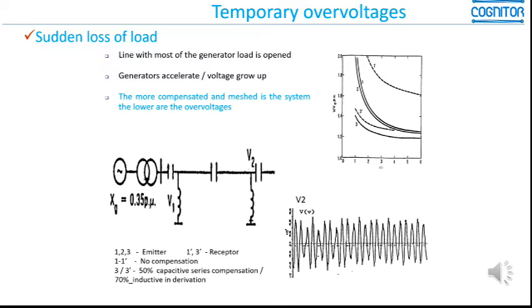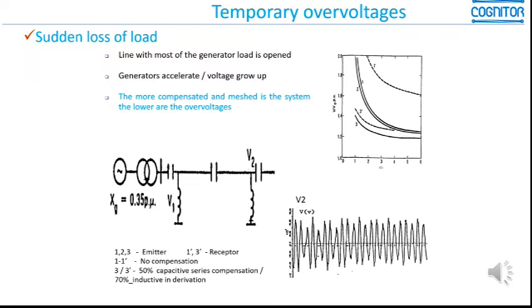This is an example of temporary overvoltage caused by a sudden loss of load. For example, if you are in a system which is very isolated, you generally have only one generator at the site, and one single line, and this line connected to a single load.